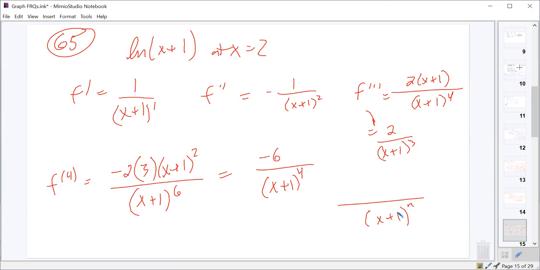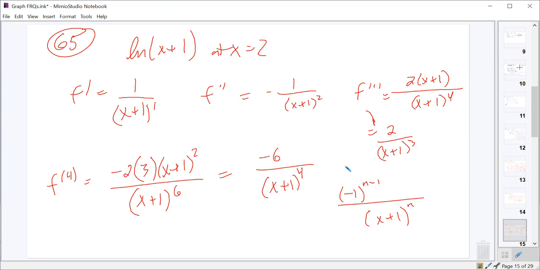And then in the numerator, we've got a positive, then a negative, then a positive, then a negative. So to make it change signs, we'd have to raise negative 1 to either the n minus 1 power or n plus 1 power.